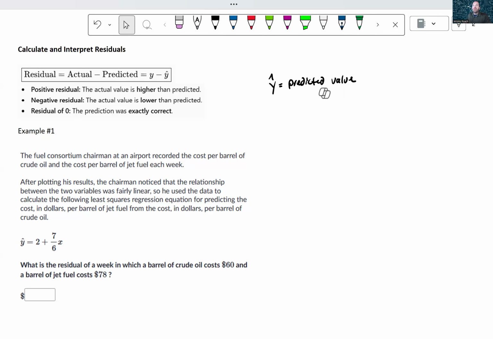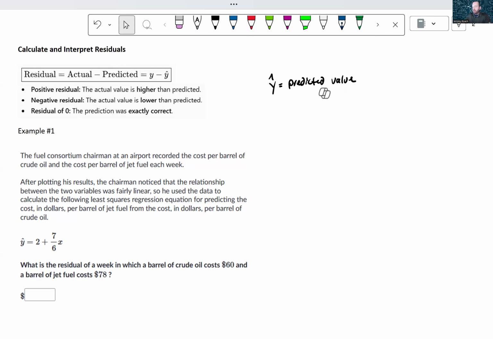Okay, so we need to figure out first, what is Y and what is X? So it says predicting the cost in dollars per barrel of jet fuel from the cost in dollars per barrel of crude oil.